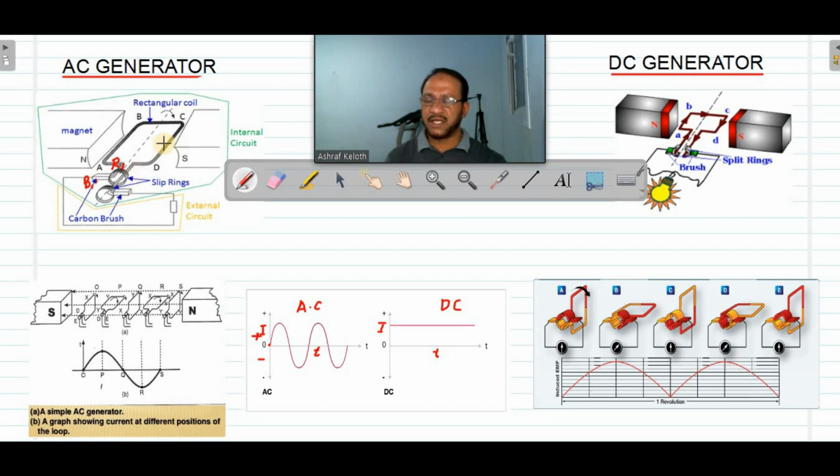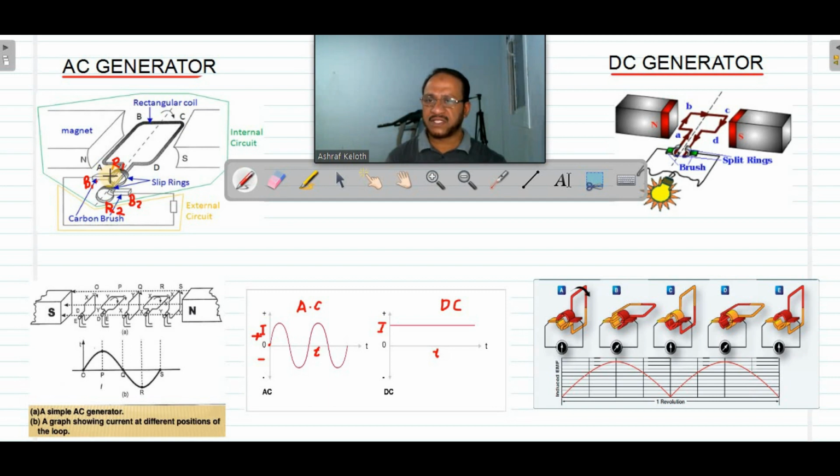And the side CD, the arm CD of the rectangular coil, is in contact with the ring R2. This ring I am naming R2. And that ring R2 is in contact with the brush B2 here. This is brush B2. So ring R1 will be always in contact with the brush B1, even if the rectangular coil is rotating.